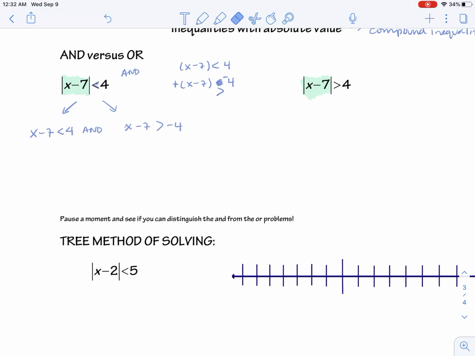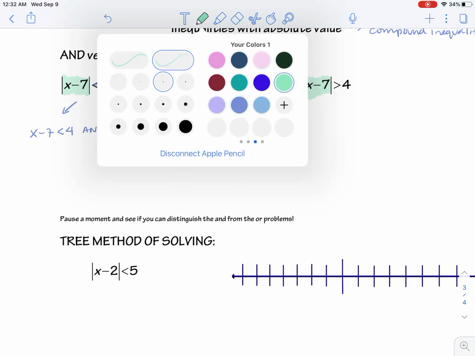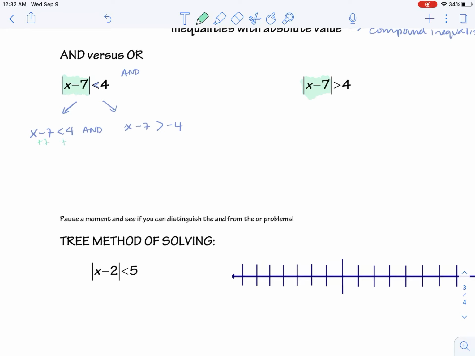So basically, you're going to solve for the original and the opposite. And when you hit something with a -1, you need to flip the direction. So we're going to solve this problem, adding 7 to both sides. Great. X is less than 11. And add 7. X is greater than 3.